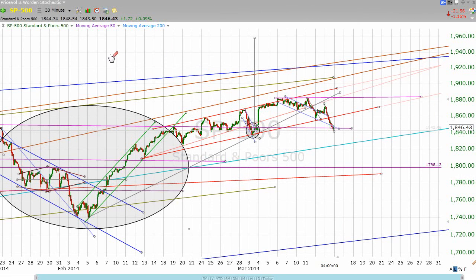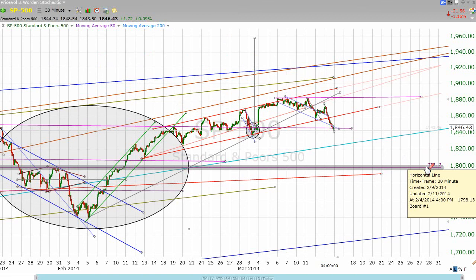Sometimes you get what appears to be one thing. You'll get a left shoulder, you'll get the head, and then you'll get a right shoulder, then you get a breakout, but then it fails, and the setup of the failure becomes just the opposite of what you were dealing with.